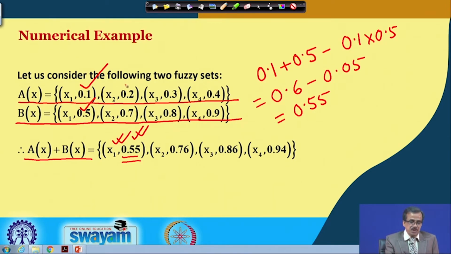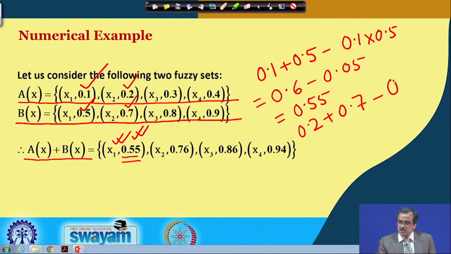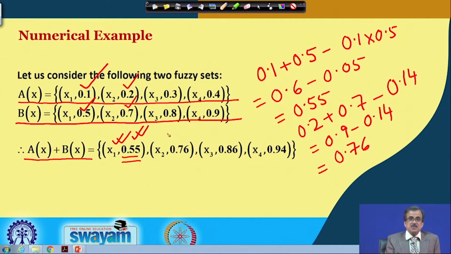Similarly, corresponding to this x 2, I have got 0.2 here, 0.7 here. So, 0.2 plus 0.7 minus 0.2 multiplied by 0.7, which is 0.14. So, this is nothing but 0.9 minus 0.14, and this will become equal to 0.76. So, corresponding to this x 2, I will be getting 0.76.